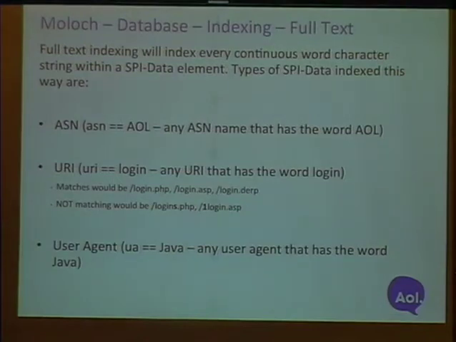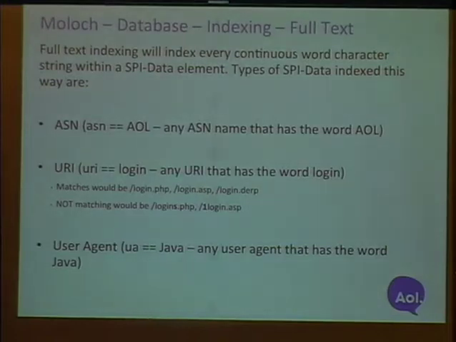And then some of the fields we do full text indexing with. That means you break them up where the non-word pieces are into word segments. We do that for the ASN, the URI, the user agent, and some of the new email stuff we're doing too. That way you can match based on part of the string and not the whole string, and don't have to do the asterisk wildcard searching, which can be inefficient.